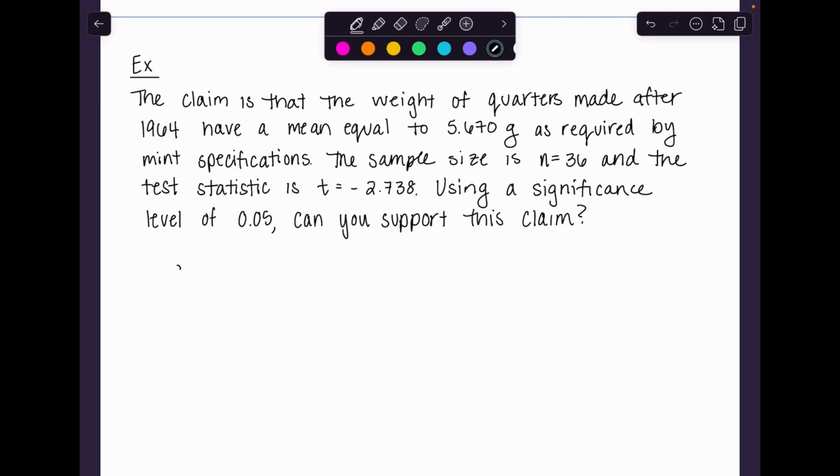So what I'm going to start is by looking at my claim. So here our claim is that the mean is equal to 5.670 grams. So when I go to find my null hypothesis, that has equality. So my null hypothesis is exactly my claim, which means the alternate is that the mean does not equal 5.670.